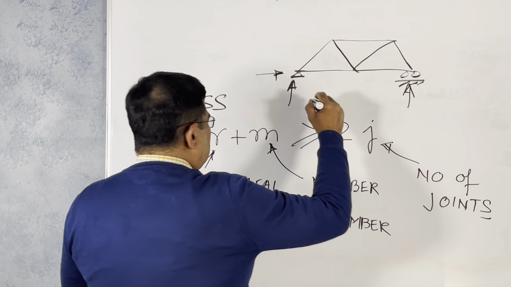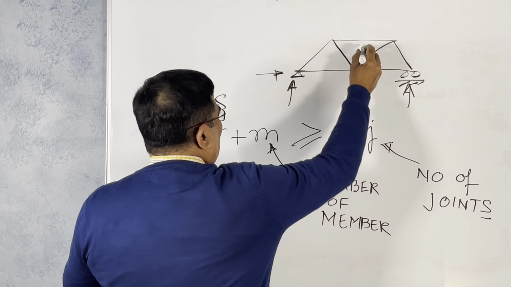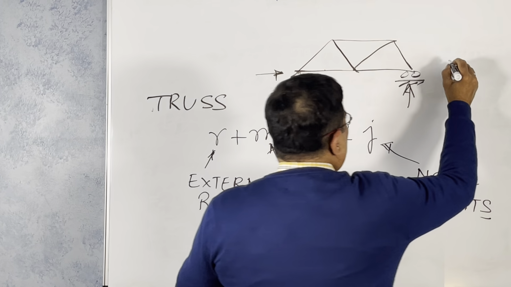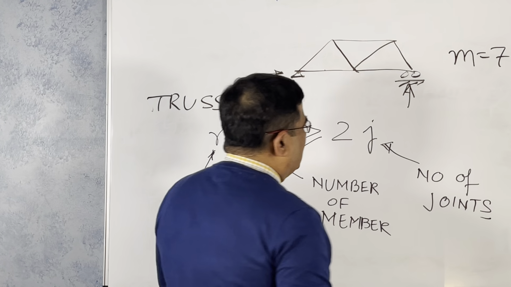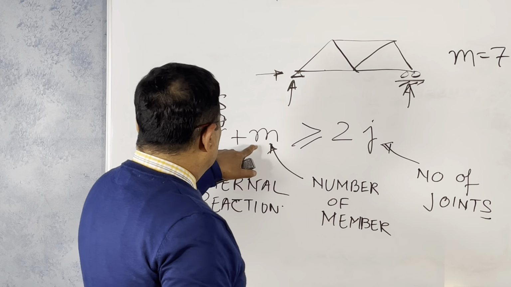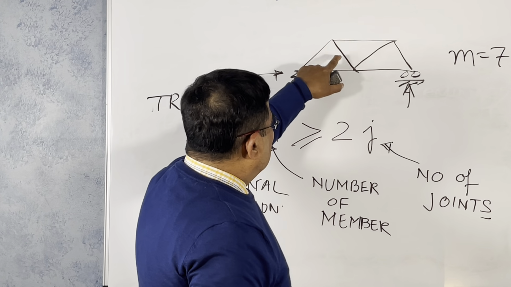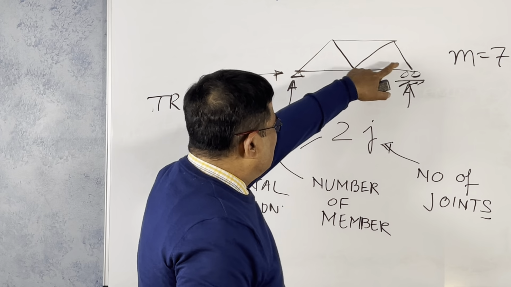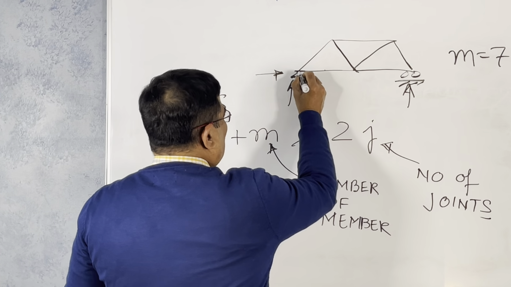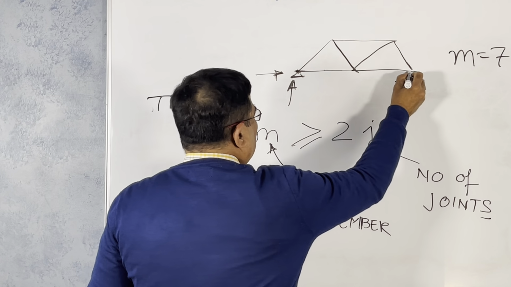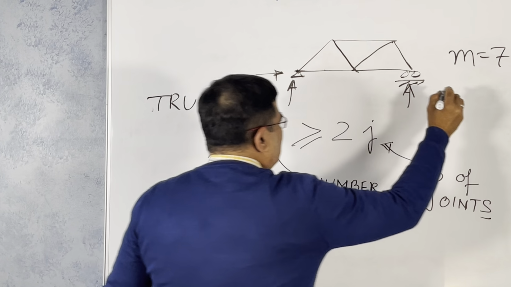The members here are 1, 2, 3, 4, 5, 6, 7. M is equal to 7. Now the number of joints: 1, 2, 3, 4, 5.